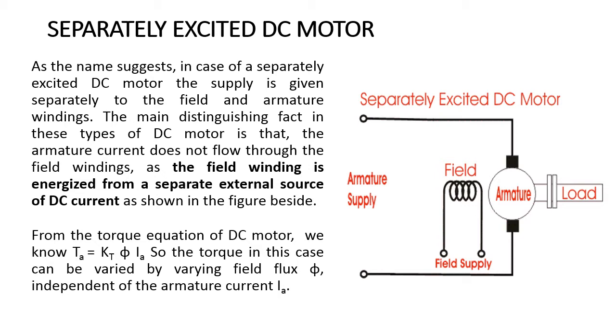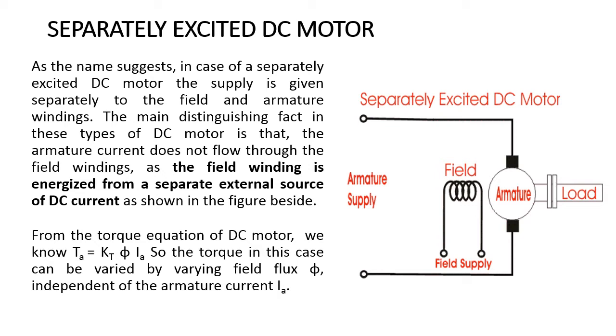As the name suggests, in a separately excited DC motor, the supply is given separately to the field and armature windings. The main distinguishing fact in this type of DC motor is that the armature current doesn't flow through the field windings, as the field winding is energized from a separate external source of DC current, as shown in the figure.